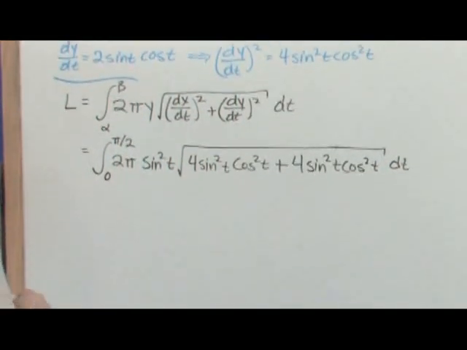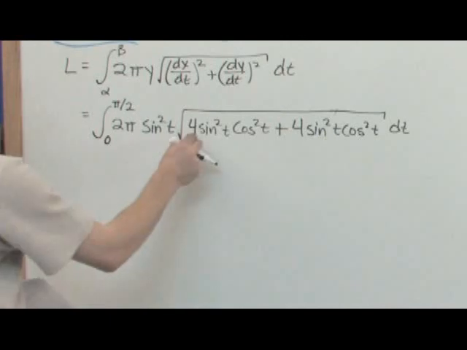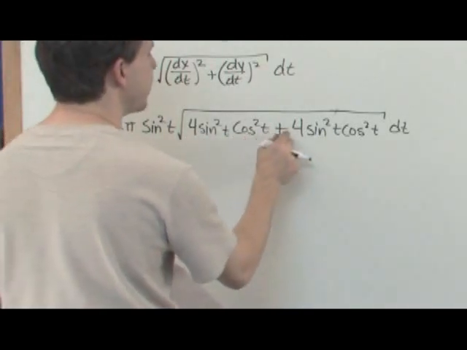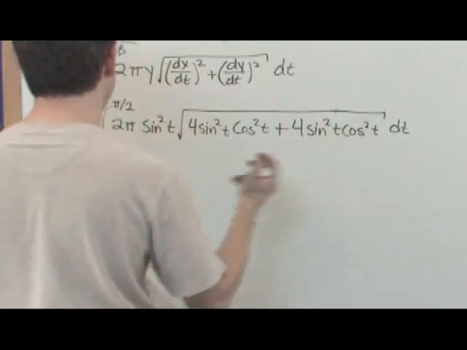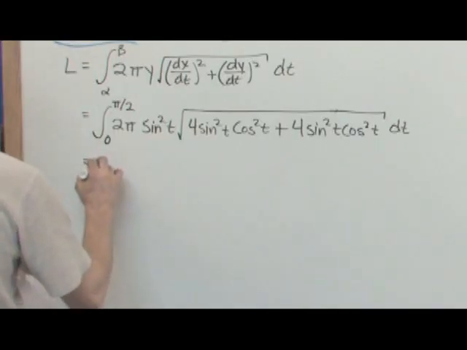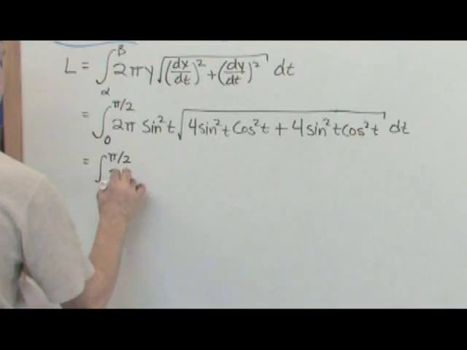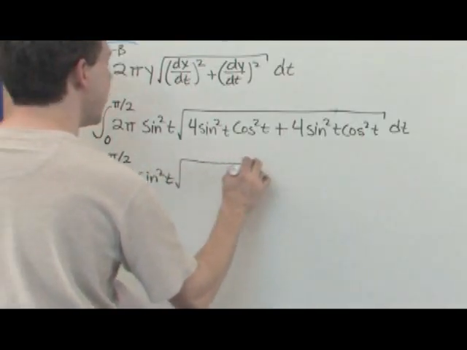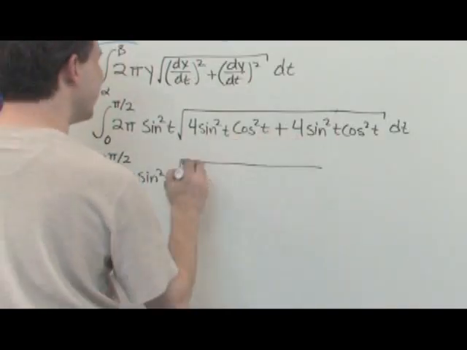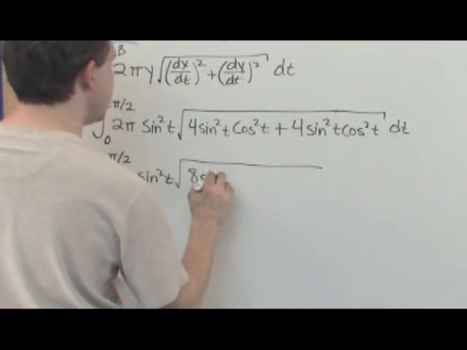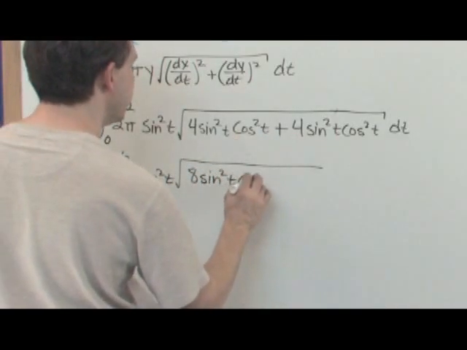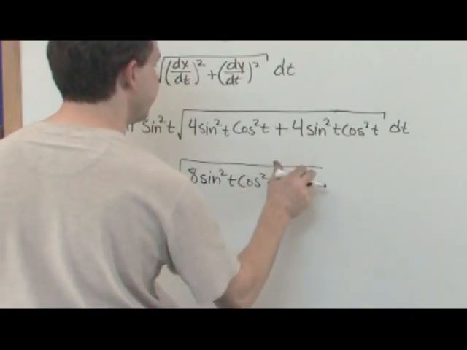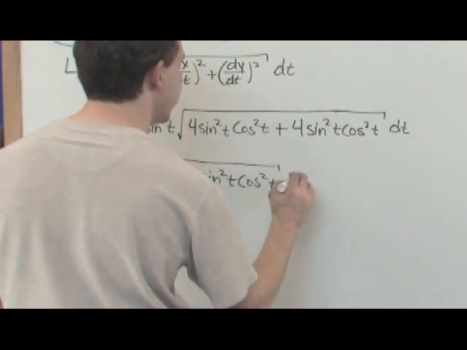So inside the radical I have 4 times sine squared times cosine squared plus 4 times sine squared times cosine squared. So I can definitely simplify that. It's going to be integral from 0 to pi over 2, 2 pi sine squared t, and then under the radical is going to be 4 plus 4 is 8 times sine squared t cosine squared t, integrating over dt.